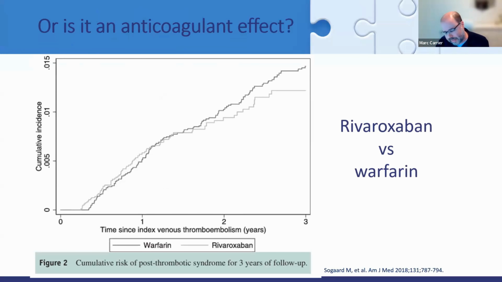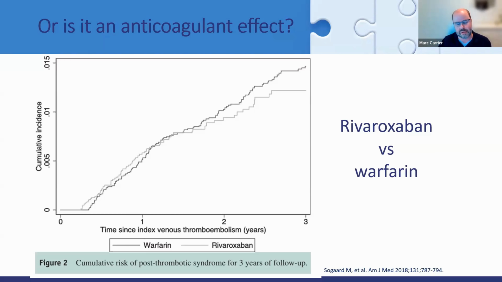And then there's a little bit of data on this. The Danish people had a nationwide cohort study of 20,000 patients starting anticoagulation for incident VTE and followed them over time. You can see time since index event up to 3 years, and the incidence of PTS was slightly lower in patients receiving rivaroxaban.